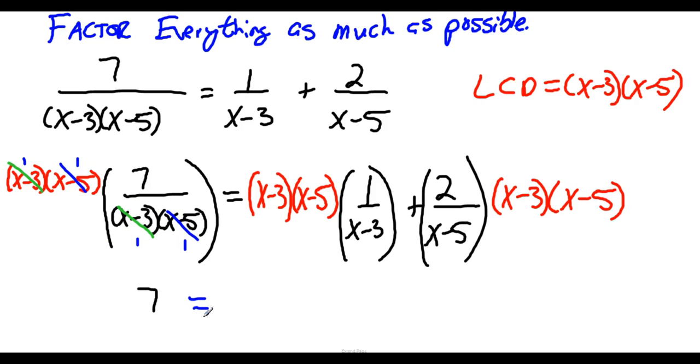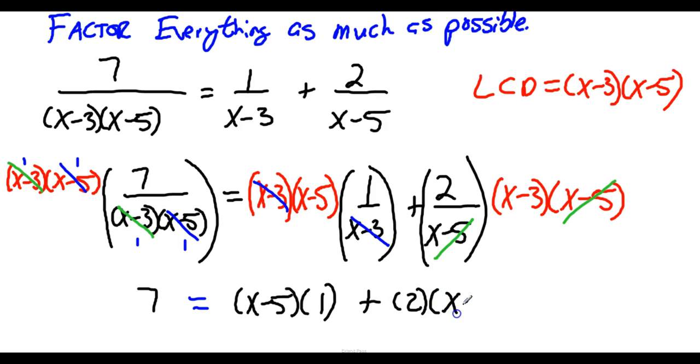On the right-hand side, that x minus 3 cancels that one. And that will leave you with x minus 5 times 1, which, again, is multiplied by 1, so it doesn't do anything. On the last part of it, the x minus 5s cancel and leave you with a 2 times x minus 3.